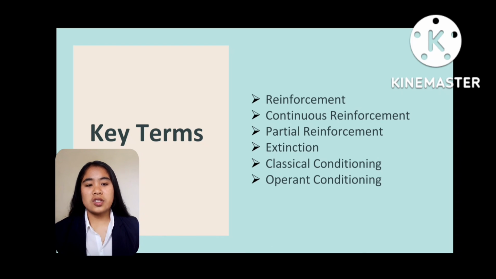Fourth, extinction, a process which describes a desired behavior diminishing over time, usually as a result of reinforcement no longer being offered. Fifth, classical conditioning, a learning technique that unconsciously pairs a stimulus with an autonomic behavioral response. When the stimulus is received, the automatic behavioral response is eventually learned to be associated with the stimulus.